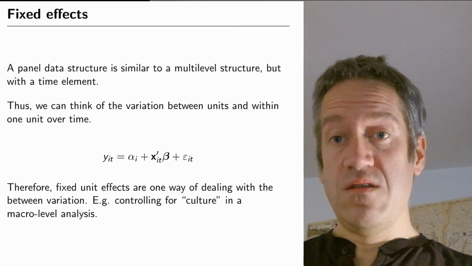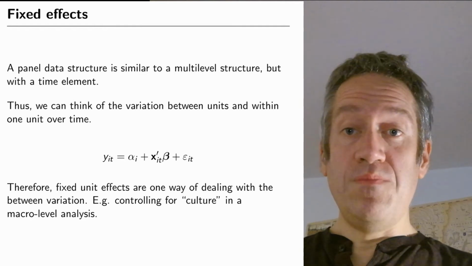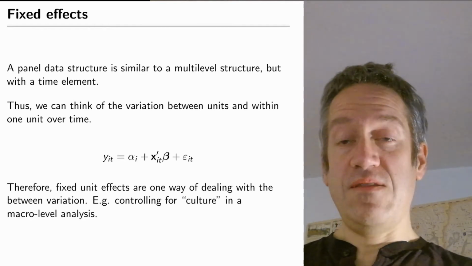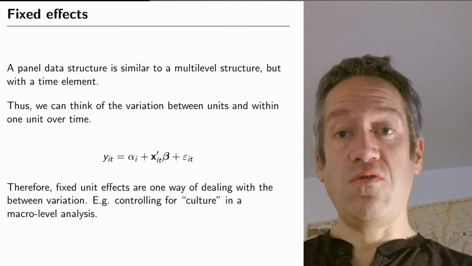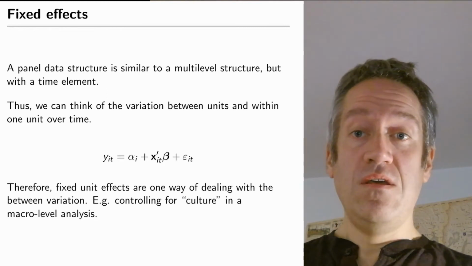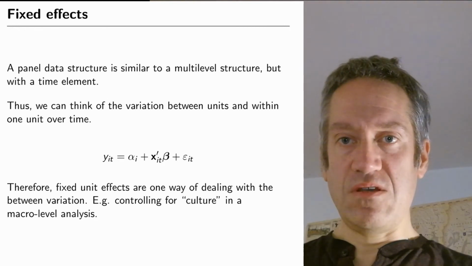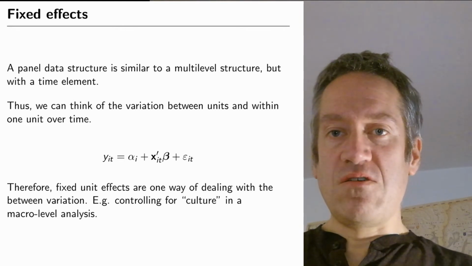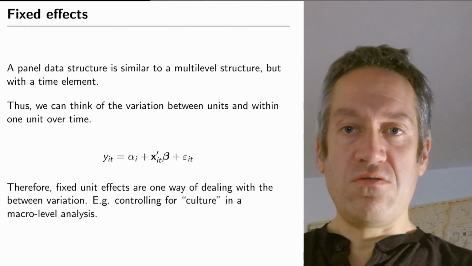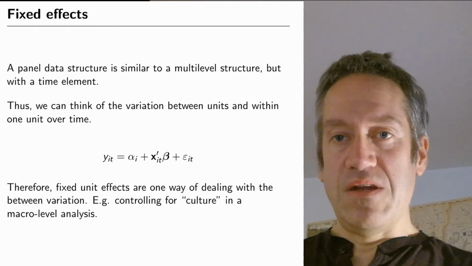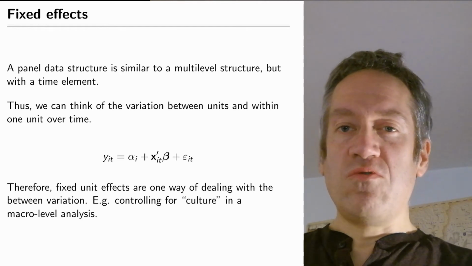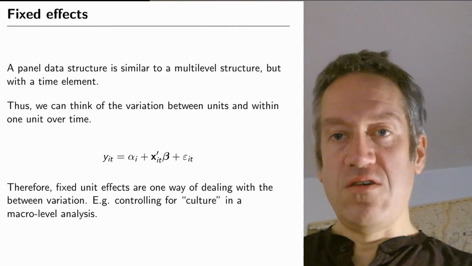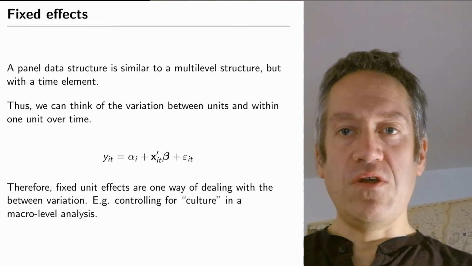So fixed effects will then remove all the between unit variation, and then the main estimation is starting to focus on the within unit variation. So how do these time series correlate to each other? Another way of thinking of that is controlling for things like culture or history or path dependence maybe. So you control for features of the units that are not really part of your model.